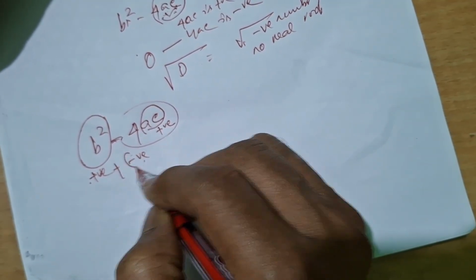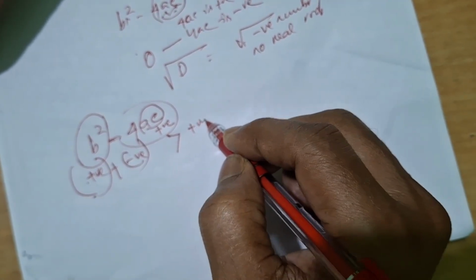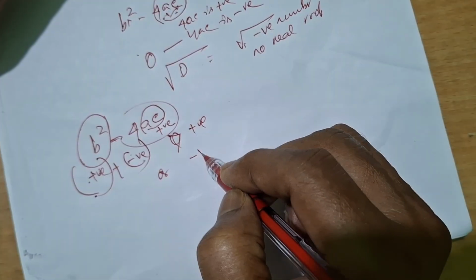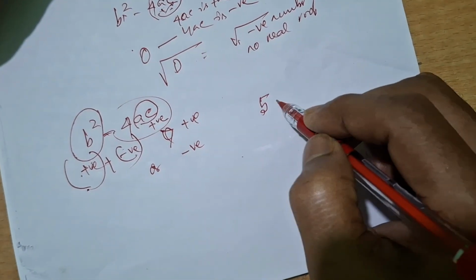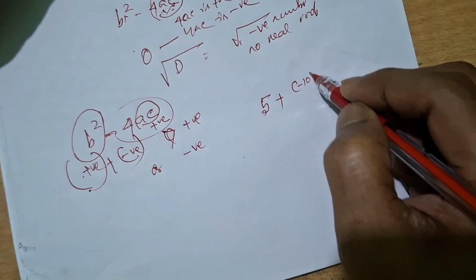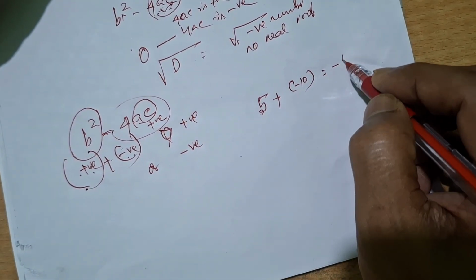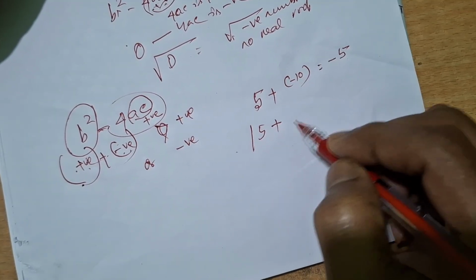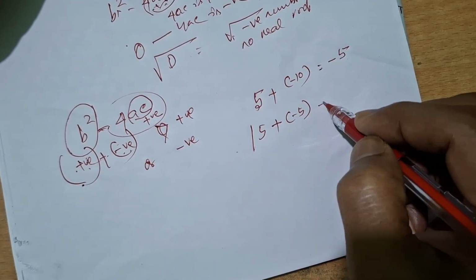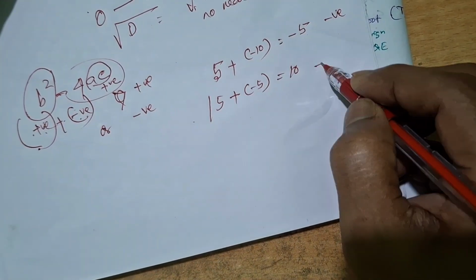When you add one positive number and one negative number, can you say whether it is positive or negative? Suppose 5 plus minus 10, positive plus negative, is minus 5. 15 plus minus 5 is equal to 10. It is negative in one case, positive in the other.